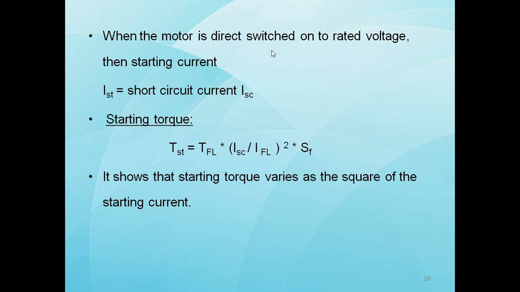This high current is gradually reduced, as we saw in the graph, to its normal value as the motor picks up speed. In the graph we see that at the time of starting the current is more, but it gradually reduces as the motor picks up speed.